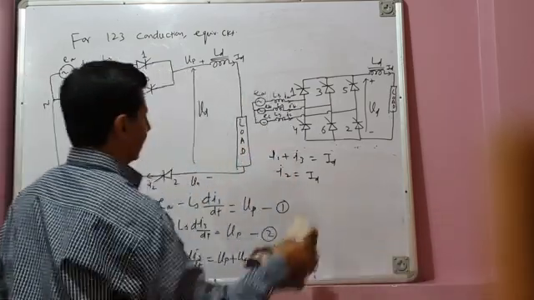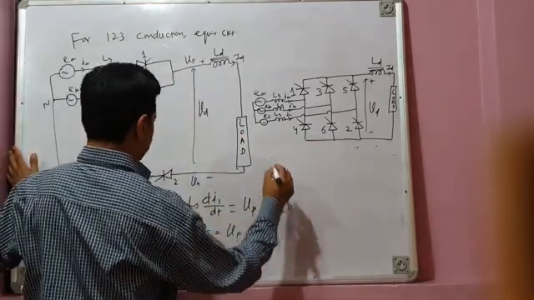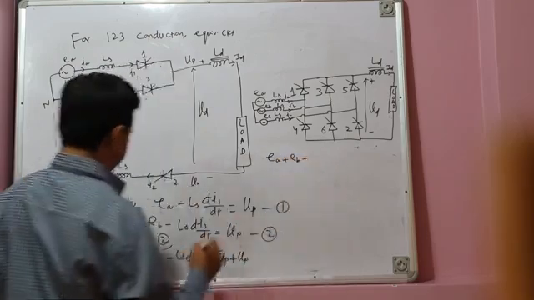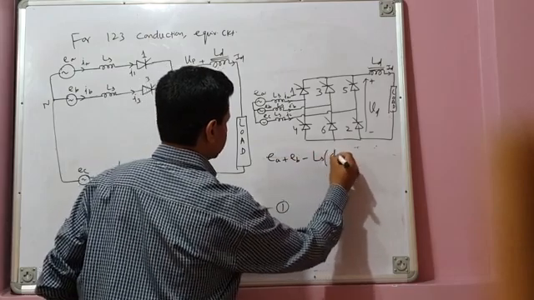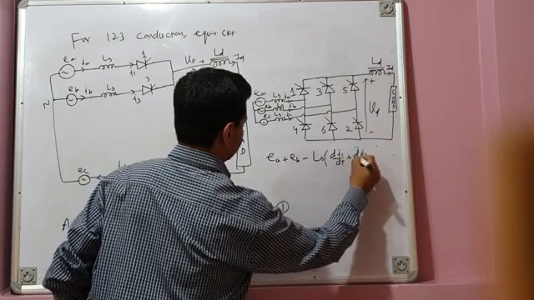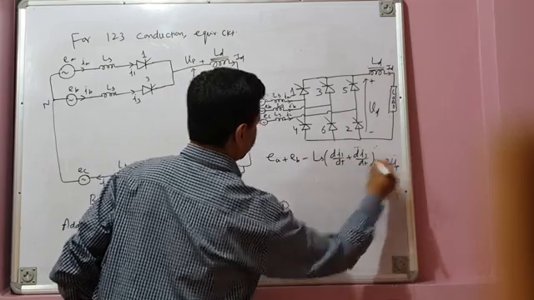Taking LS common, what I get inside is di1 by dt plus di3 by dt, equal to 2 Vp.